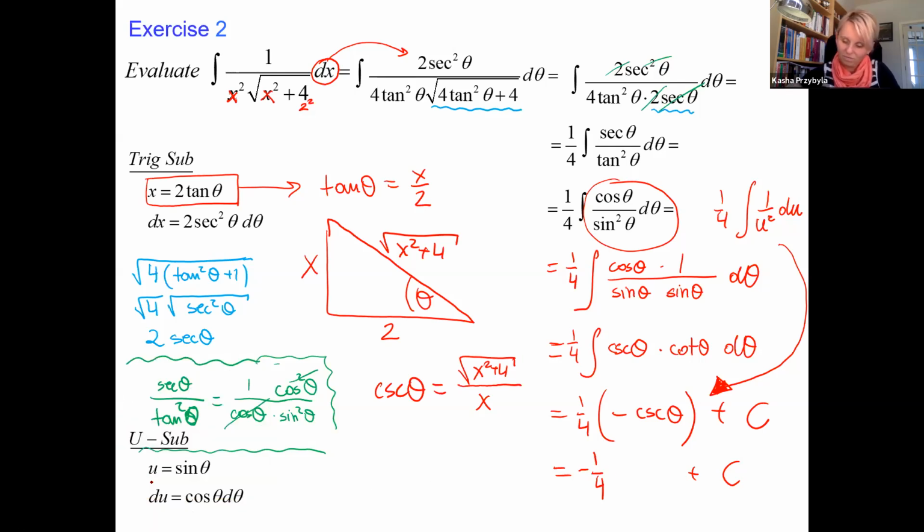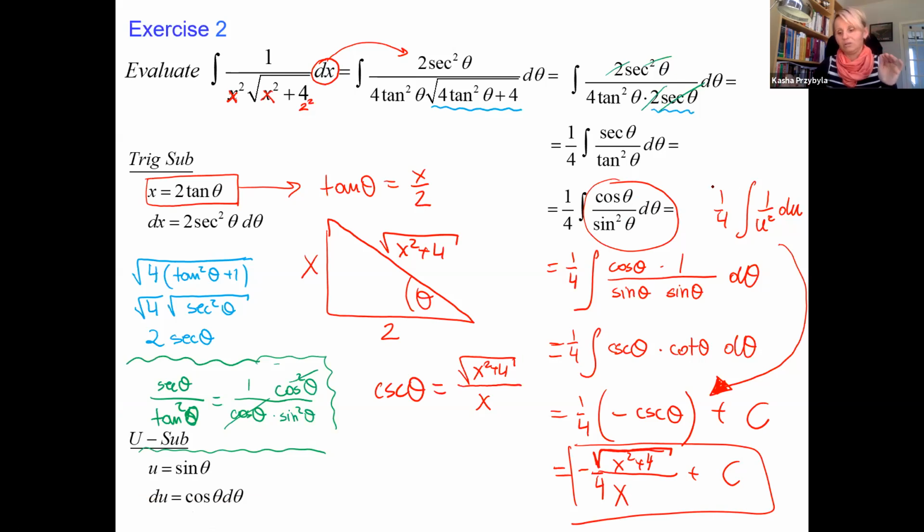It means we will need the square root of x squared plus 4 over 4x. This is the final answer. That's the triangle method, and we had a few different ways to solve this integral. Okay, let's solve another one.